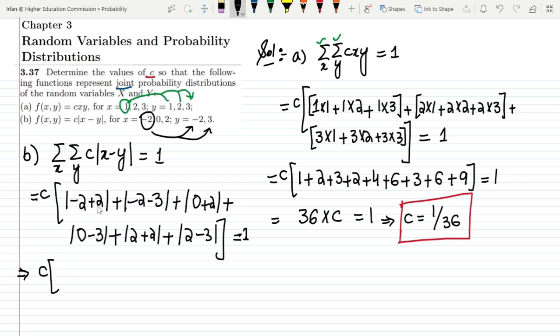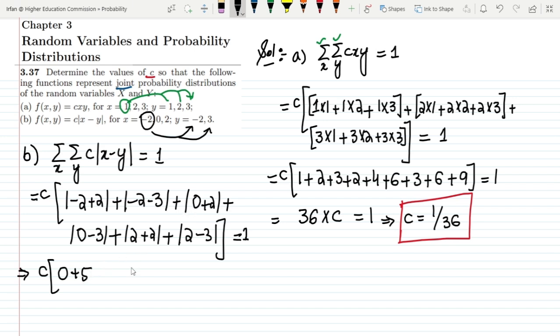So minus 2 plus 2 is 0, and the absolute value of it is also 0, because the absolute value is basically giving me the positive value of whatever we have inside of these absolute signs. Okay. So now here minus 2 minus 3, this is minus 5, which is basically 5.